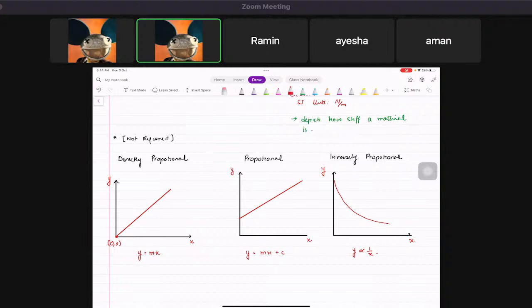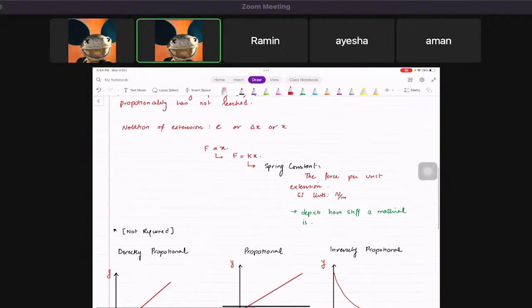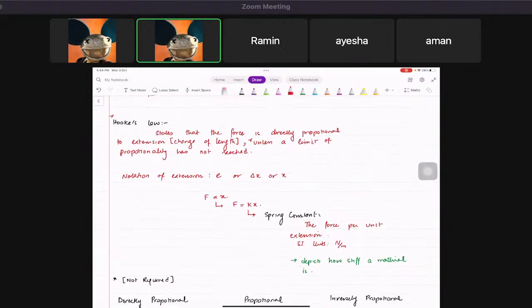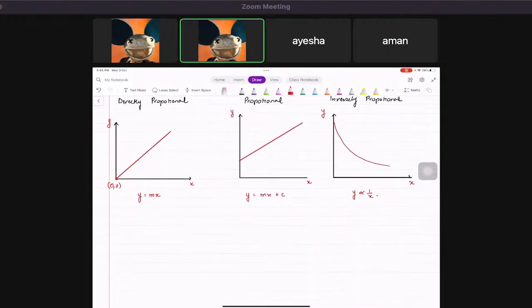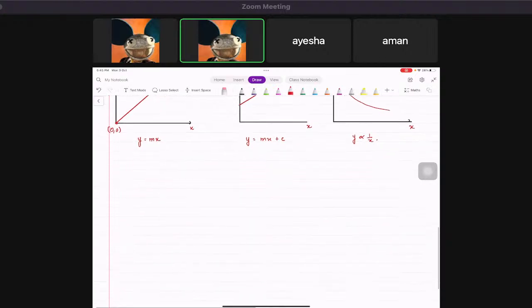Okay. Now, with respect to that, the definition says that the force is directly proportional to the extension unless the limit of proportionality has been reached.